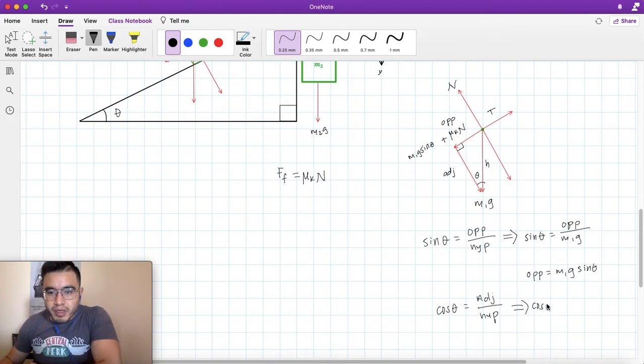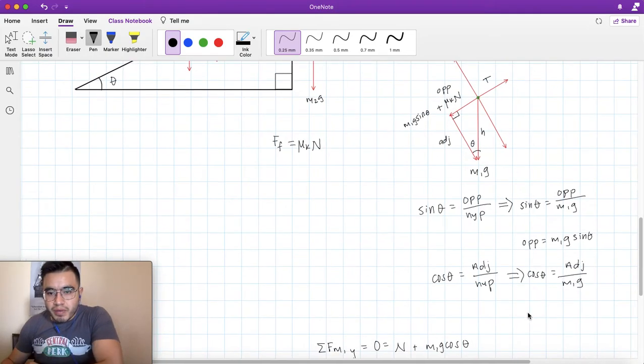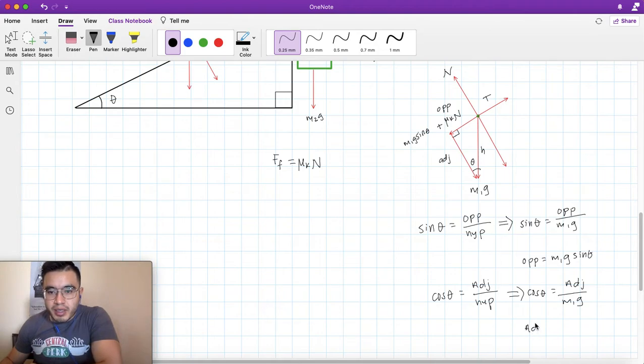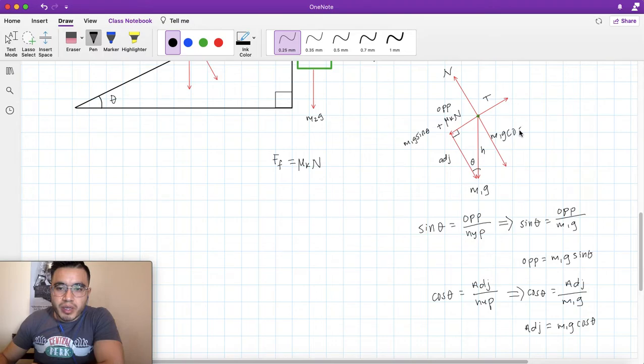Cosine of theta is equal to the adjacent side divided by the weight of mass 1. Therefore, the adjacent side is equal to m1g times the cosine of theta. So this side is m1g times the cosine of theta.